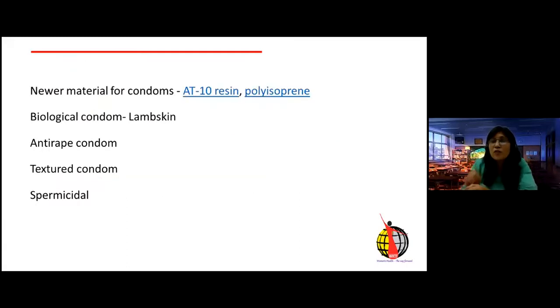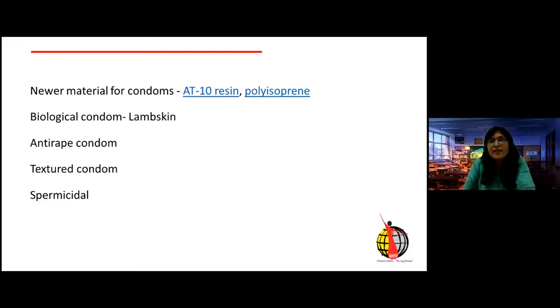Now, newer materials for condoms. These are the two new materials which are being used and tested in research. One is 8010 resin, another is polyisoprene. As I've already asked you, biological condom. Biological condom is made from lambskin. Has anybody heard of anti-rape condom? Anti-rape condom is again under research. It causes pain if there is penetration.